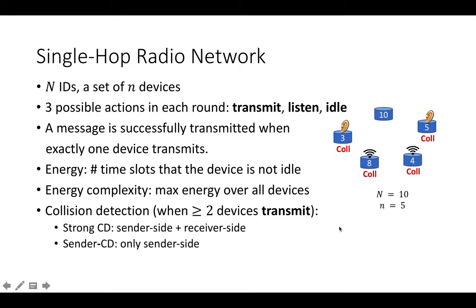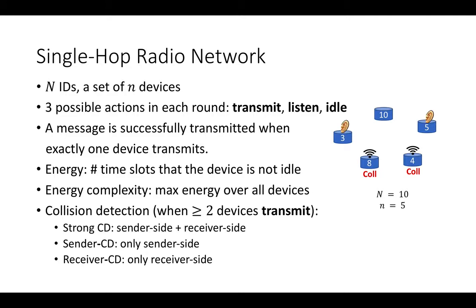The second model is called sender CD. In this model, only the transmitters can distinguish between collision and silence, and the listeners cannot distinguish whether more than one device is transmitting or there is no device that is transmitting. And the third model is called receiver CD.